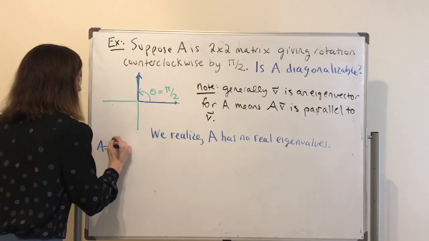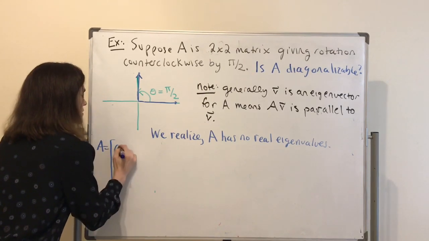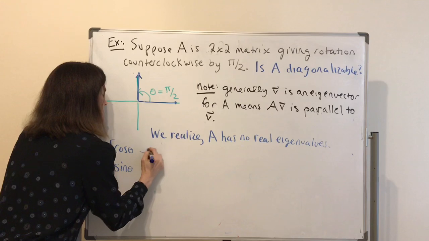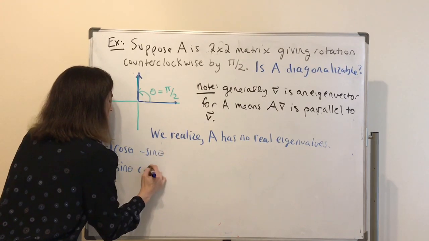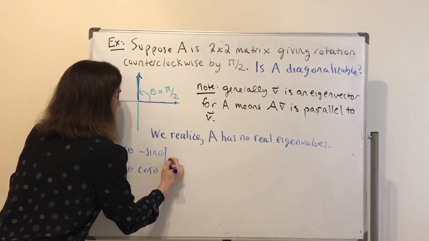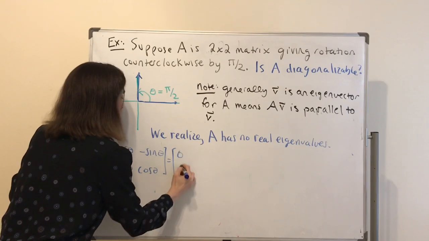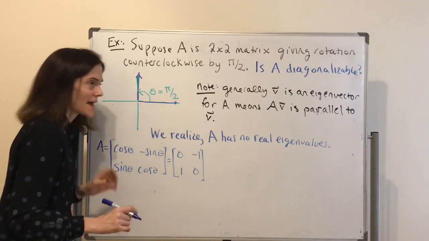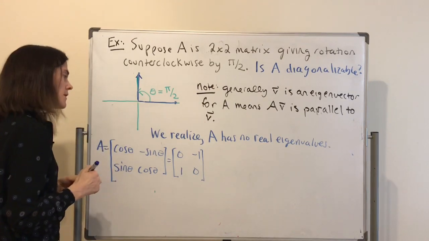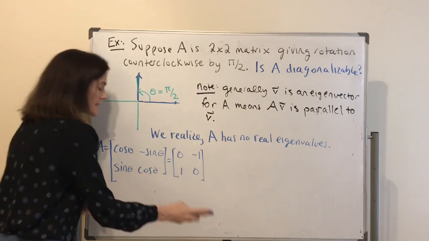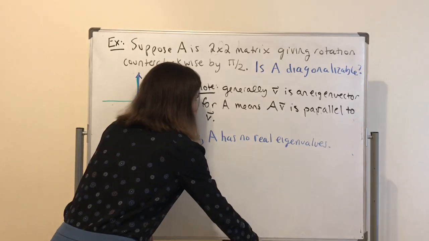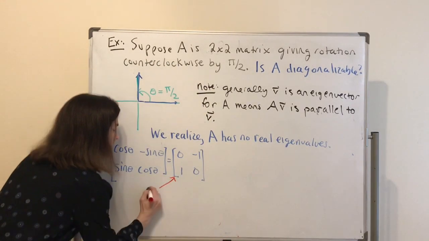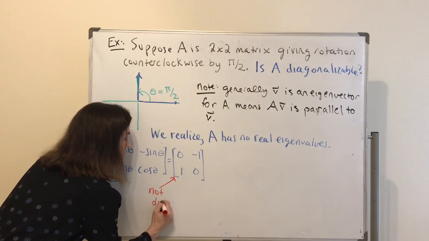This we know. The matrix of rotation is cosine theta, sine theta, minus sine theta, and cosine theta. And in this case, we get 0, 1, minus 1, 0 for rotation by pi over 2, 90 degrees. So this matrix is not diagonalizable.